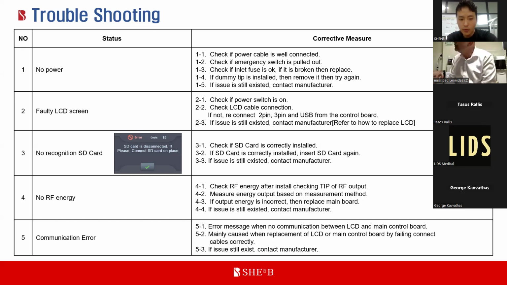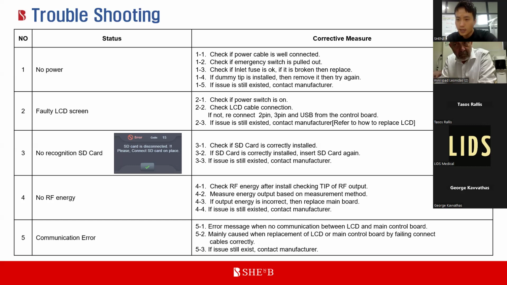But the reason why I have put this number 4, no RF energy, is that people who have been using microneedling RF, even if it is their first time, can feel the difference between only needle penetration and needle penetration plus RF output.